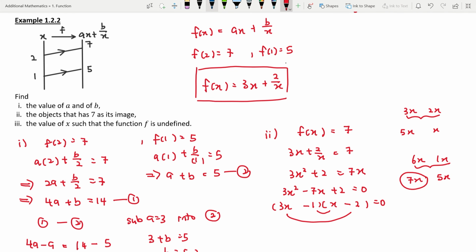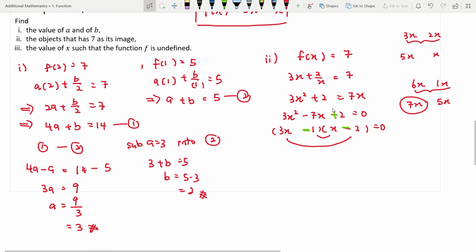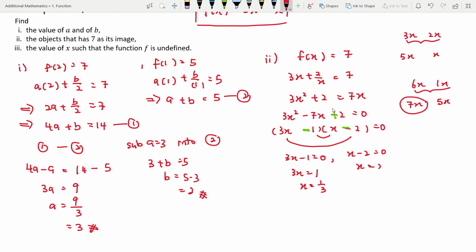And of course, a negative and a negative will give us a positive. Then we write 3x minus 1 equals to 0 or x minus 2 equals to 0. 3x equals to 1, x equals to 1 over 3. And for this part, x equals to 2.